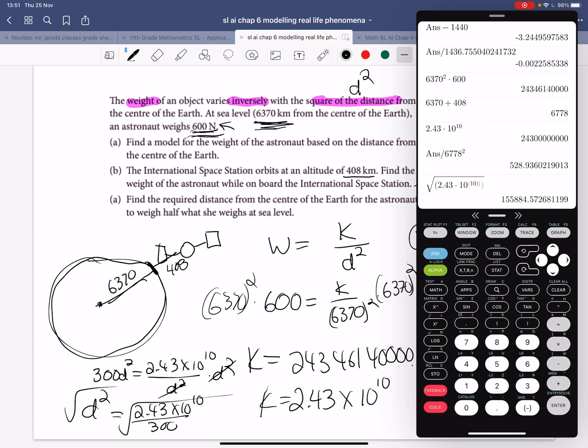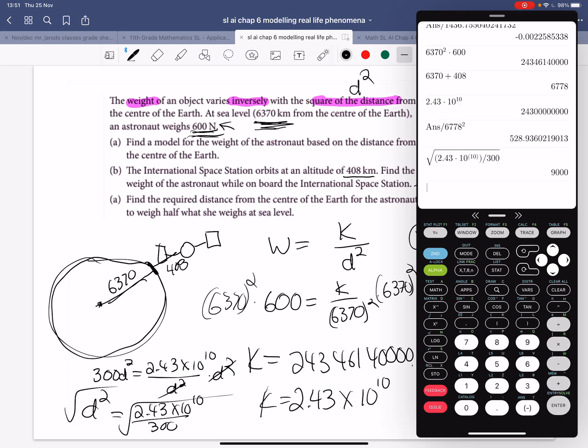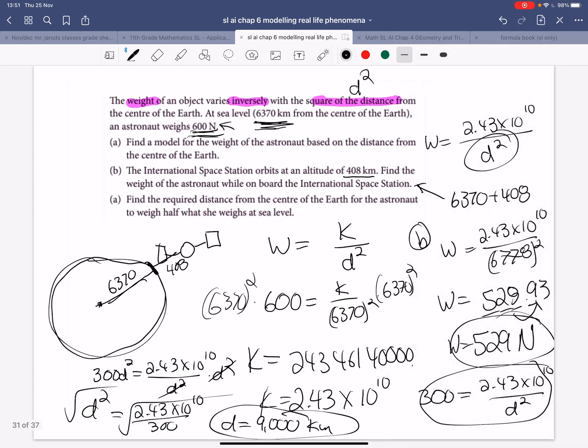Close those brackets. And then divide that by 300. Press enter. 9,000. So the distance is 9,000 kilometers away from the center of the Earth to be half their weight.